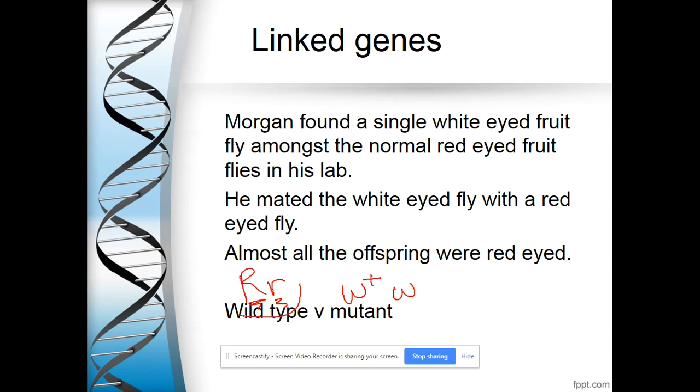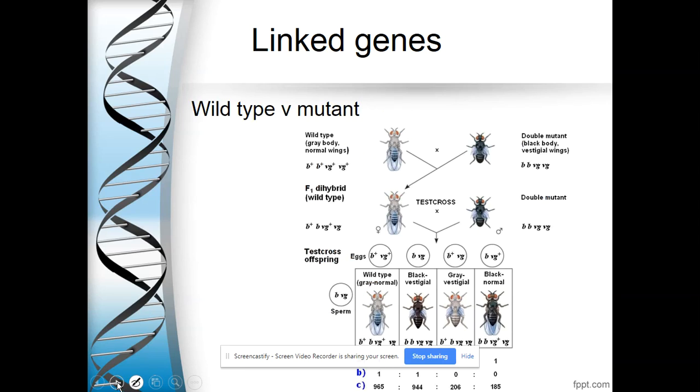IB wants us to know this version. This is what you'll see on quizzes and tests. This you might see in college. And so I like to throw it out there just so that it's noodling in the back of your brain. So here's just showing again that we've got these test crosses where I've got some wild type and then mutant.